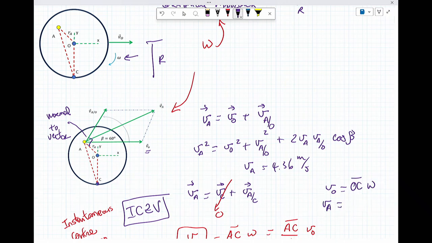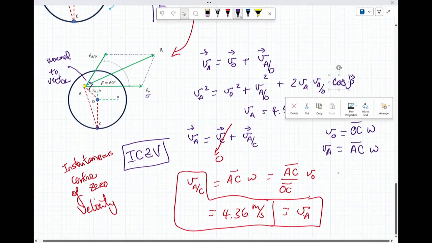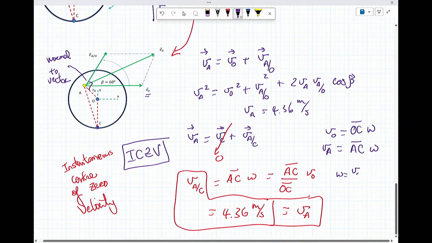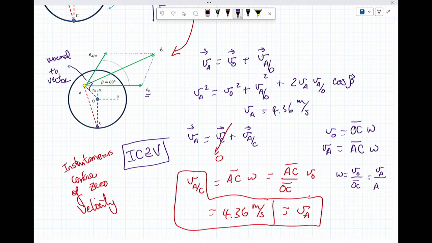Velocity of A equals AC omega. Both of those have the same value for omega, right? So omega is equal to V naught over OC, which equals VA over AC. And then I can do similar triangles.